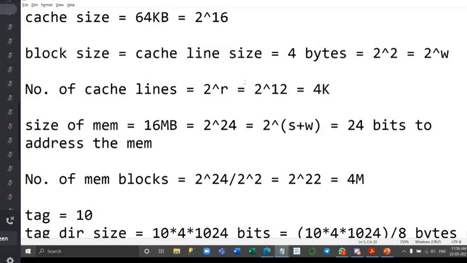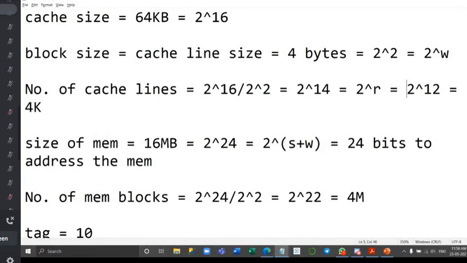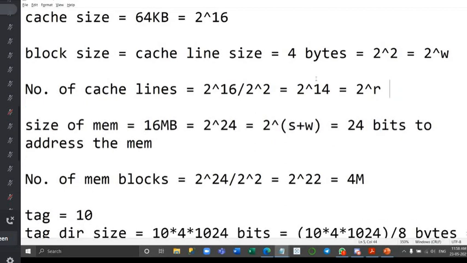So 2 to the power 16, which is my cache size, divided by my cache line size, which is 4 bytes, gives me 2 to the power 14. This is the number of lines in the cache. 2 to the power 14 is 16K. So we have 16K lines in the cache.